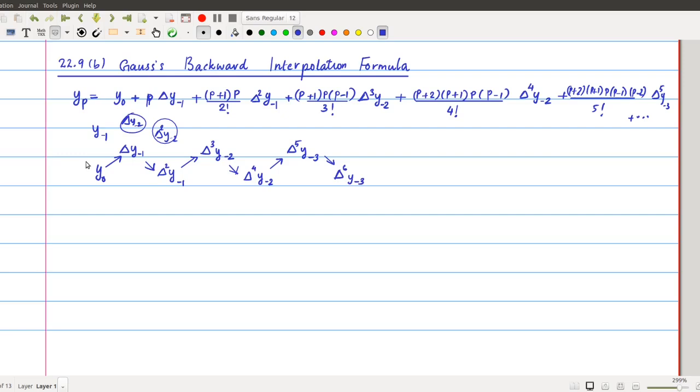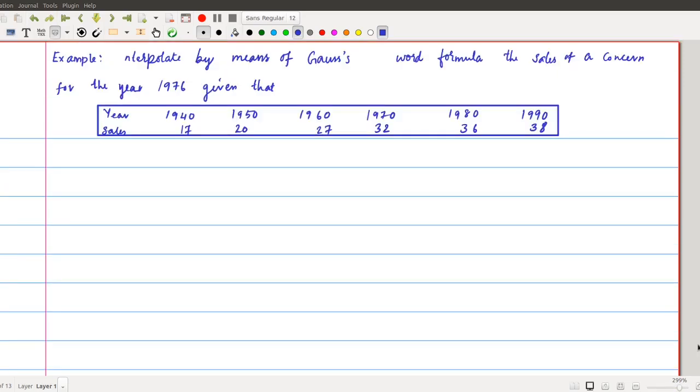Using this we will discuss an example illustrating this. This is the example. Interpolate by means of Gauss backward formula the sales of a concern for the year 1976.